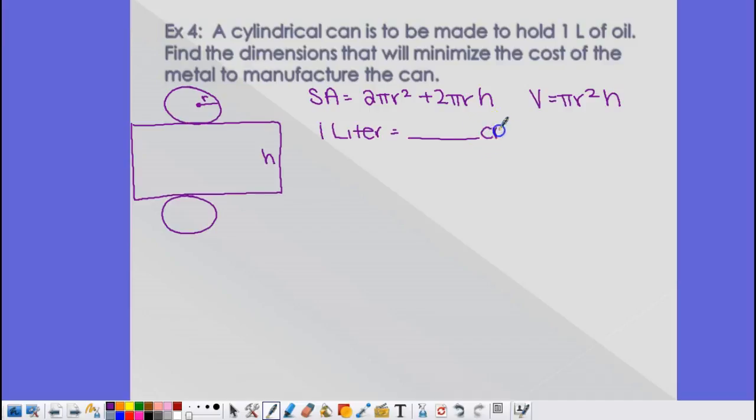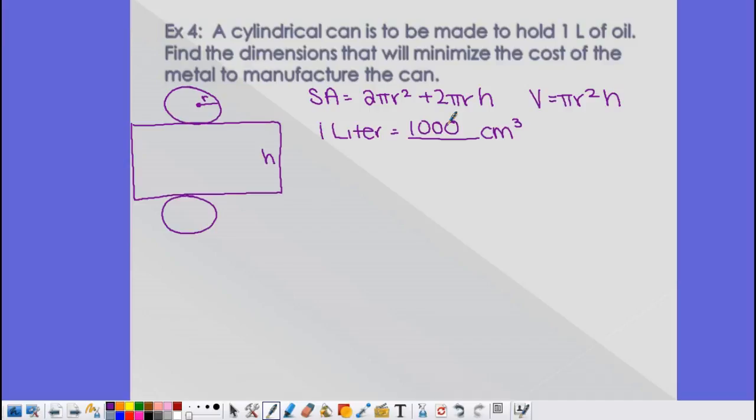It's in centimeters cubed, if that helps. Yep. 1 liter is 1,000 centimeters cubed. That's something you want to make common knowledge.